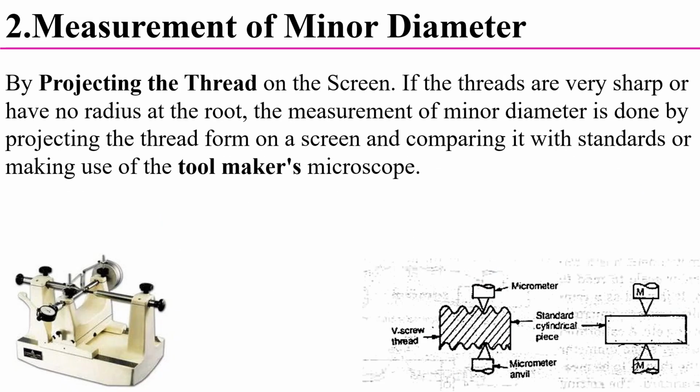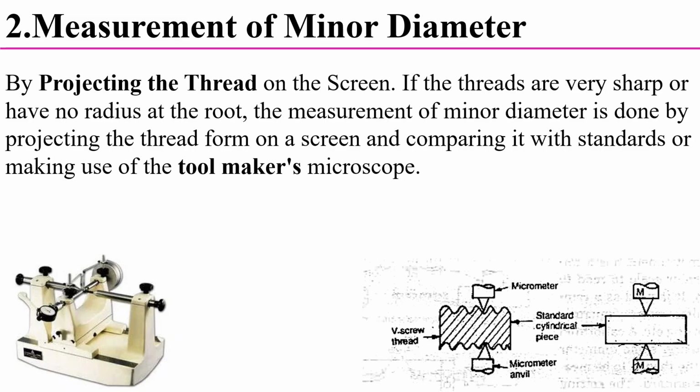There are some other procedures to determine the major diameter as well as the minor diameter of the screw thread, that is the profile projector and the tool maker's microscope. We will discuss these methods in the coming lecture series.